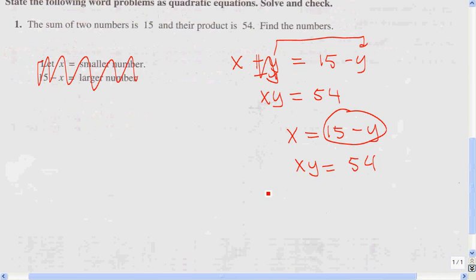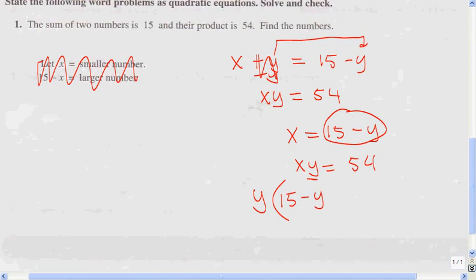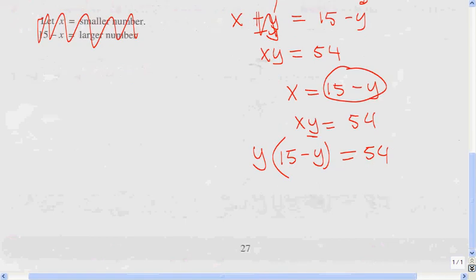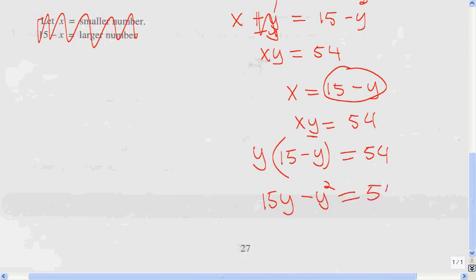So I get y times 15 minus y equals 54. Then y times 15 equals 15y, y times y equals a negative y squared, and there's nothing to multiply the 54 by, so we write 54.